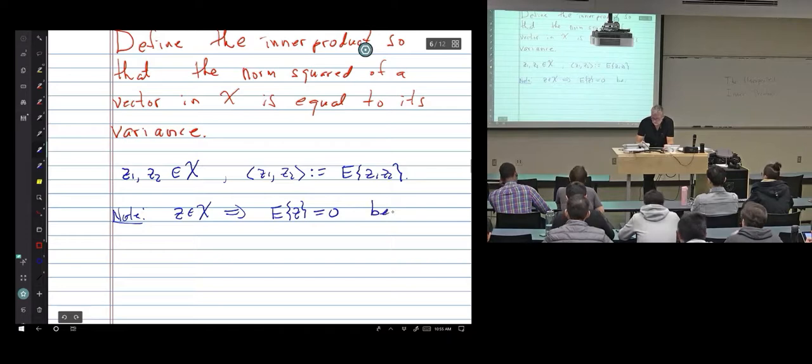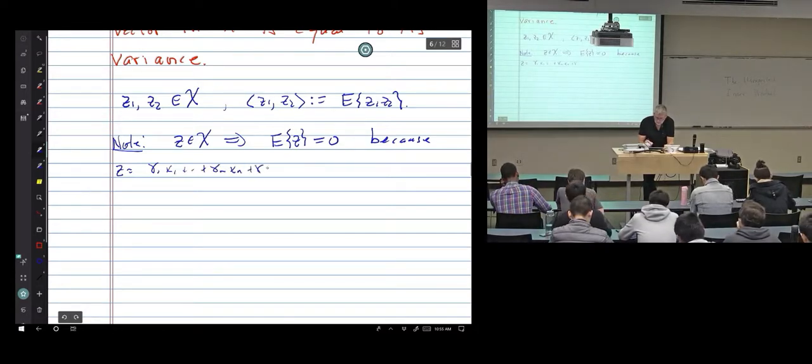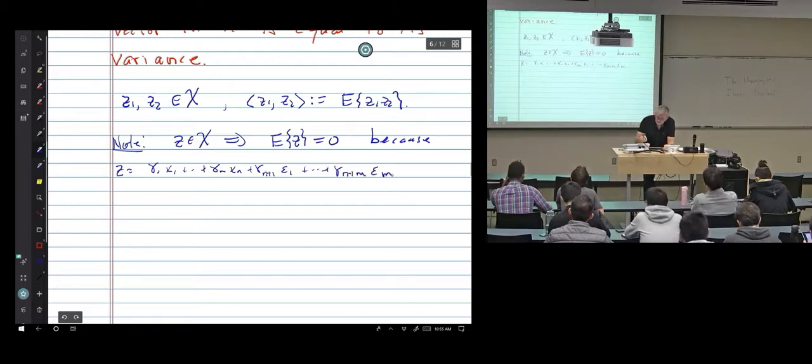That's because we have z equals, let me call it gamma 1 x1, through gamma n xn, plus gamma n plus 1 times epsilon 1, through gamma n plus m times epsilon m.